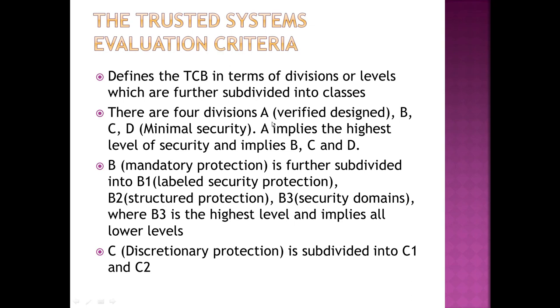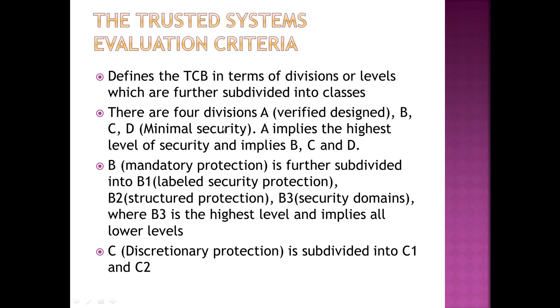So this is how systems are rated. Obviously, if your system is rated level A, then it has better security functionality than a level D system. That is what it implies, because this is a hierarchical standard.